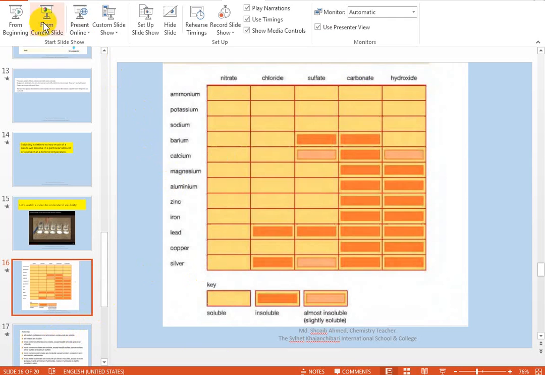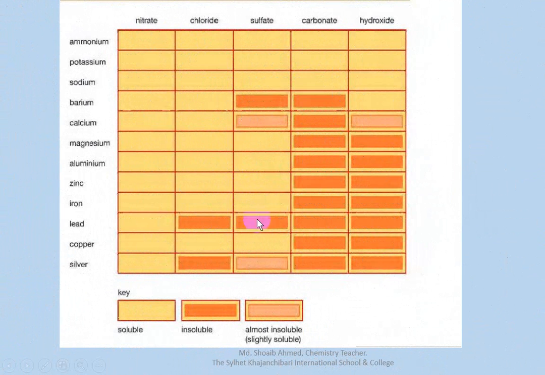Now next question. You should remember these things. Which are slightly soluble? Slightly soluble are calcium sulfate and silver sulfate. Look, 3 things. Calcium sulfate and silver sulfate are slightly soluble.